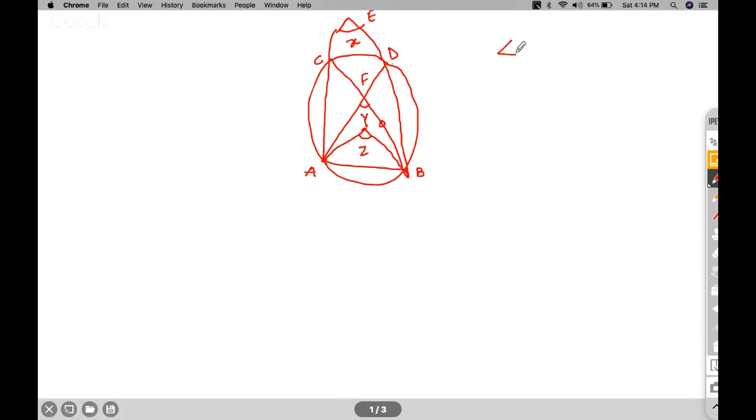So you have to prove that angle X plus angle Y is equal to angle Z. And this is angle 1, this is angle 2, this is angle 3, and this is angle 4. And this point is point O. O is center of circle.